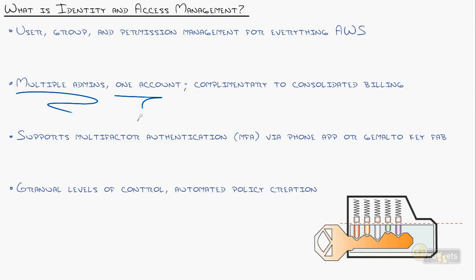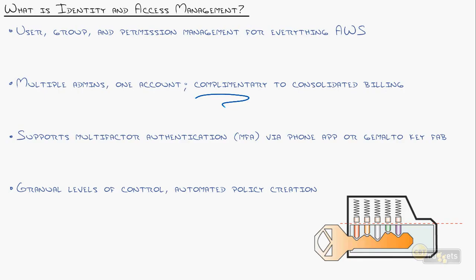But I do want to mention this is complementary to another feature called consolidated billing. If you ever are curious about that, this is a possibility where you can have people create their own AWS account, meaning for instance, I could go create an AWS account and associate it. Matter of fact, that's what we've done.